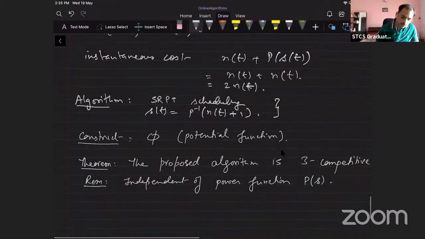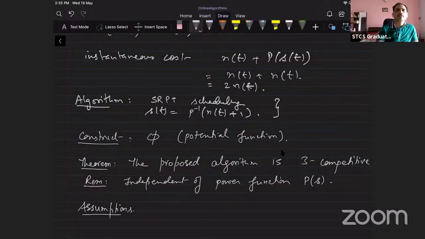This will not hold true when we go to multiple servers. It's only for a single server that we'll be able to show that the competitive ratio is independent of the power function. So the assumptions to prove this will be on the power function essentially.